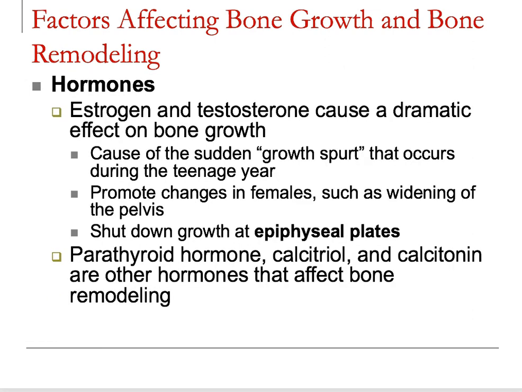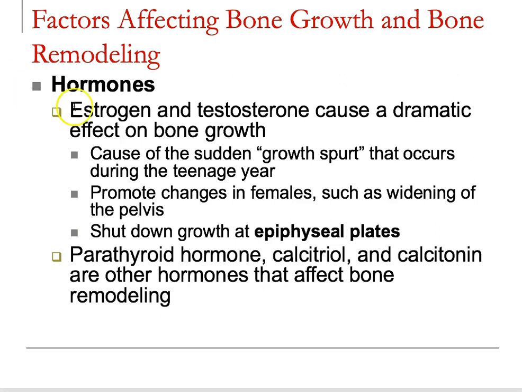So this is probably, if we're thinking about the most difficult processes to think about in Chapter 6, how do hormones actually work? And the way we talk about these things is we introduce this idea that you can have estrogen and testosterone that are going to cause dramatic changes of bone growth during, say, puberty, such as widening the pelvis or a rapid growth rate, and therefore you have incredible growth at the diaphysis.